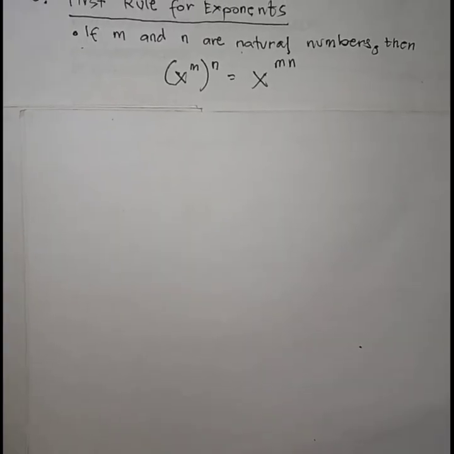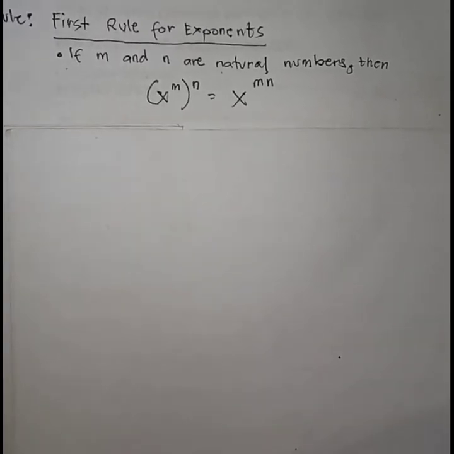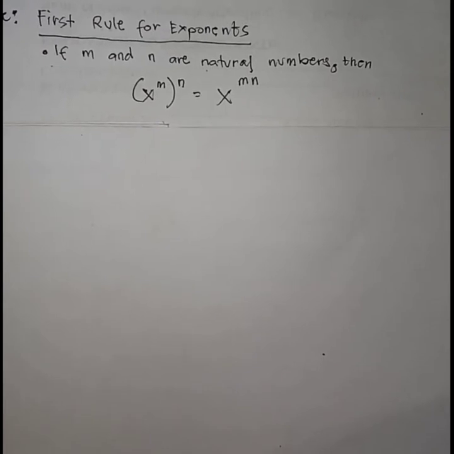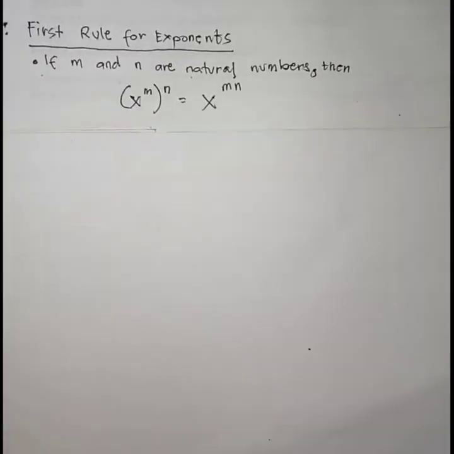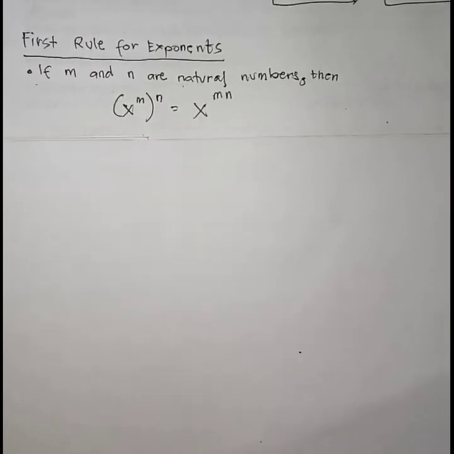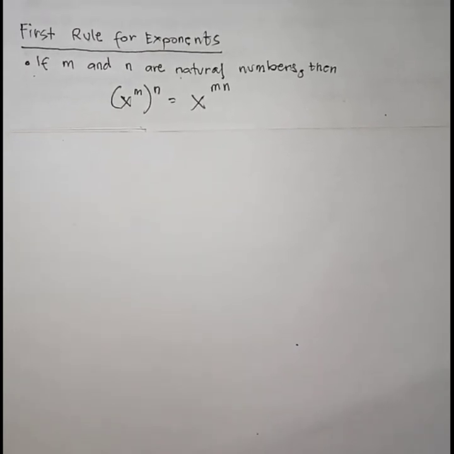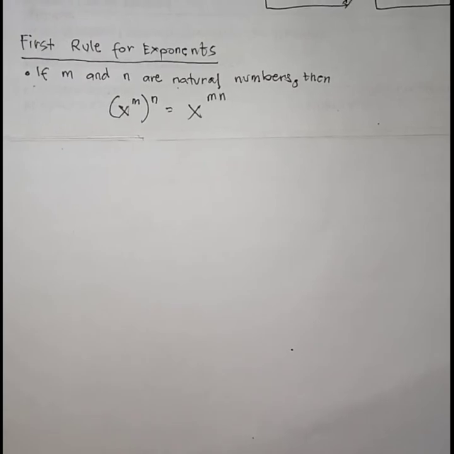Now we have the first power rule for exponents. It says that if m and n are natural numbers, then x raised to the power of m, in parentheses, raised to the power of n is equal to x raised to the power of m times n.